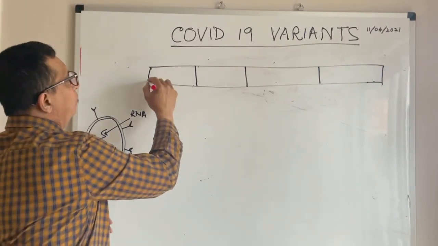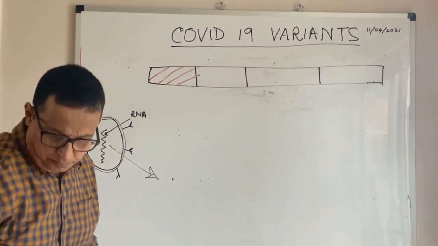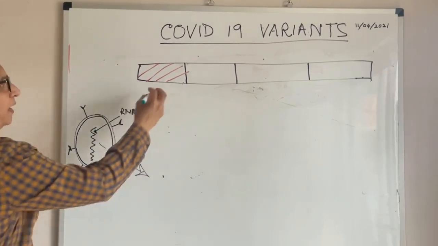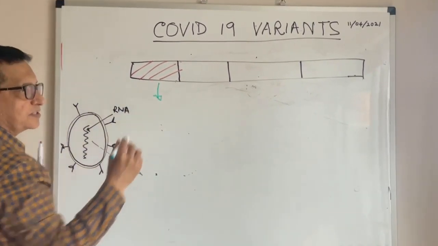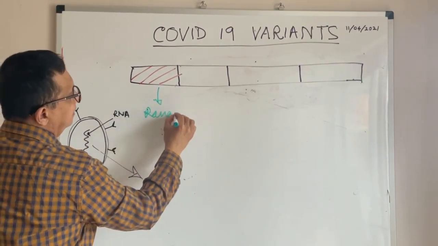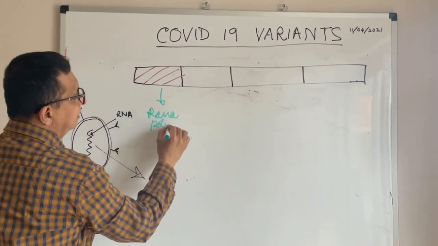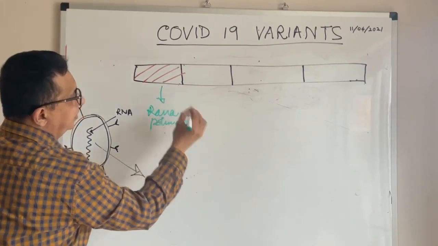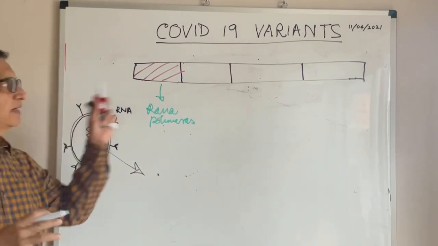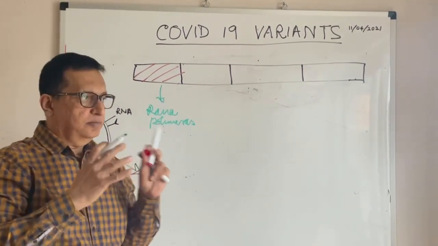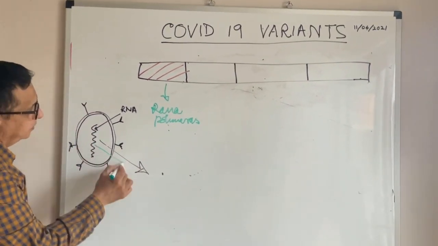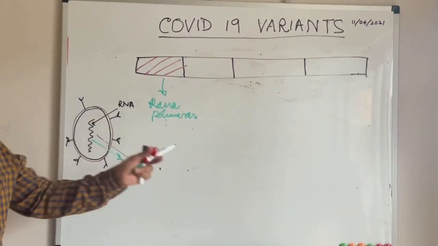Out of these 4 main parts, the first part is dealing with the RNA polymerase, RNA dependent RNA polymerase, and this part acts upon the proliferation of the nucleic material inside the host cell.